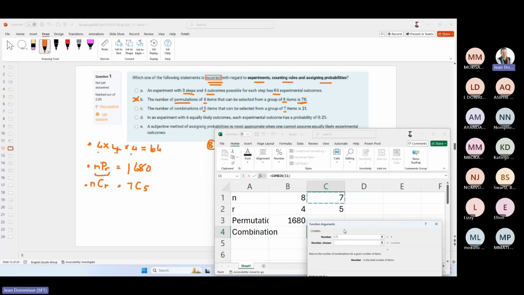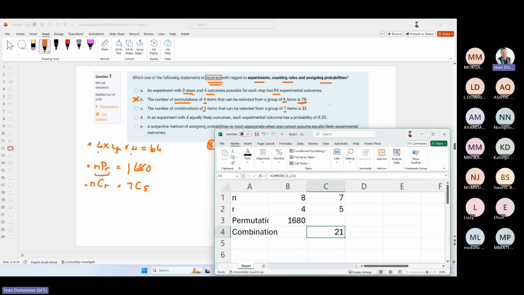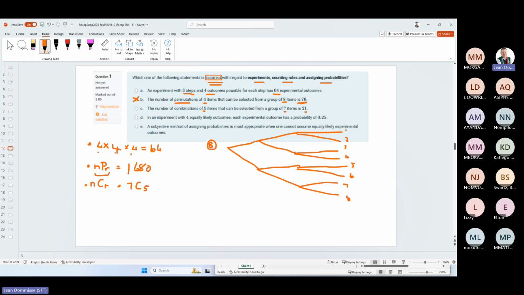So the number is 7, R is 5. So then if you work out the combination, it is 21 as we want it to be.